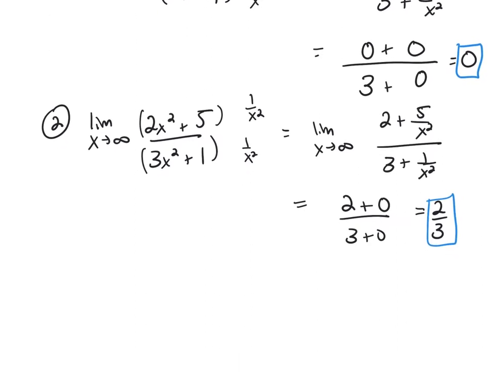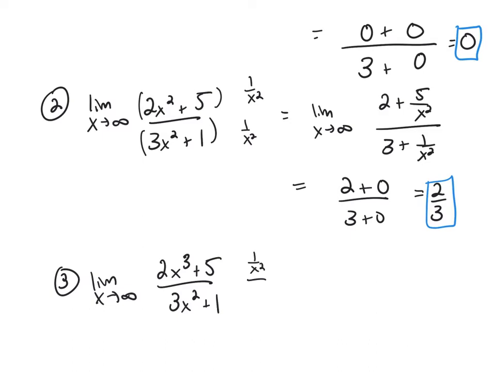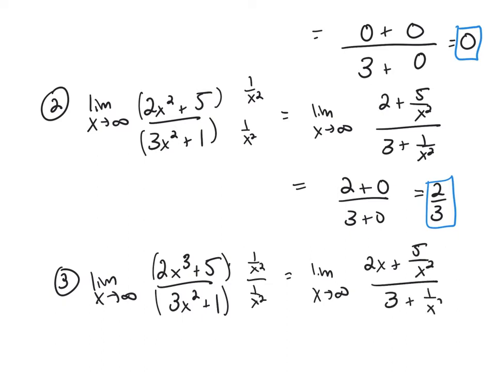And then the last one we're going to look at, number 3, the limit as x goes to infinity of (2x cubed + 5) over (3x squared + 1). So if I again multiply top and bottom by 1 over x squared, we would get the limit as x goes to infinity of (2x + 5 over x squared) over (3 + 1 over x squared).